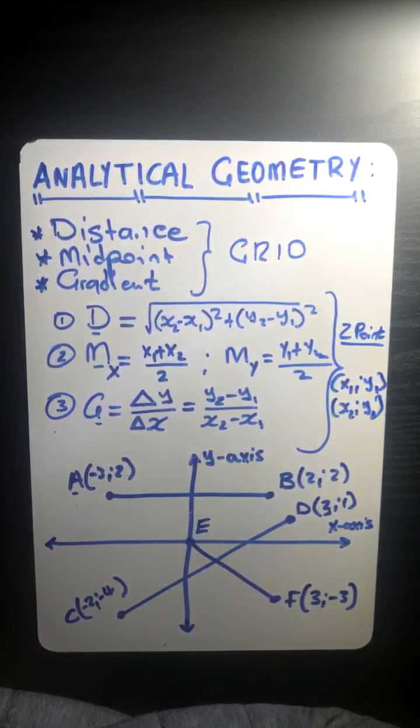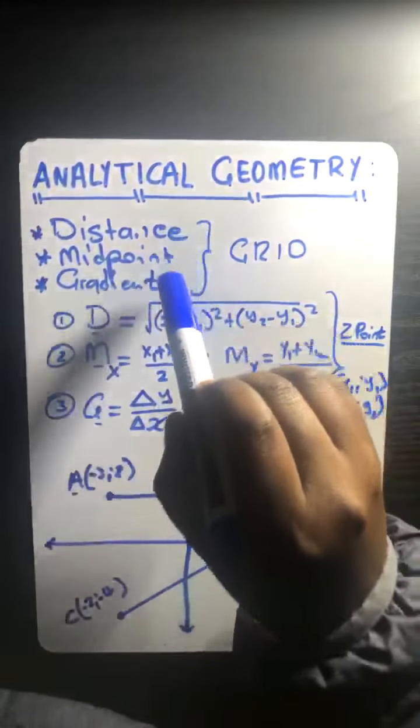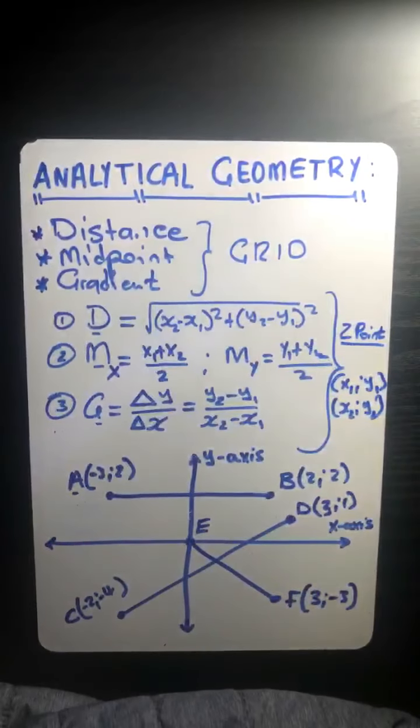So ladies and gentlemen, when they say determine the distance of 2 points, in this case the distance of AB and midpoint of AB, this is what you should ask yourself. Whatever they want me to determine, whether the distance, midpoint, or gradient, do I have the coordinates of the 2 points?